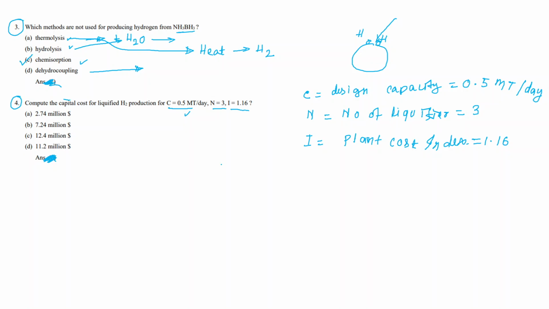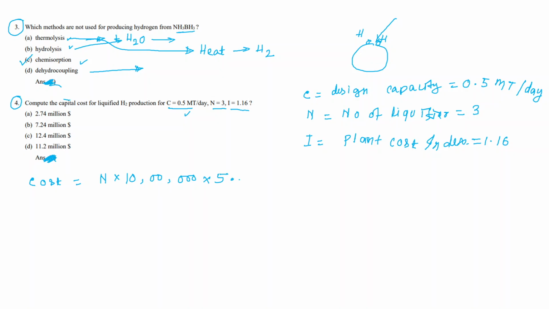Okay, you have studied the formula for the capital cost of liquefied hydrogen production, if the plant capacity is 0.5 metric ton per day. So our cost formula is like this: cost equals N multiplied by, this is the formula I am writing.